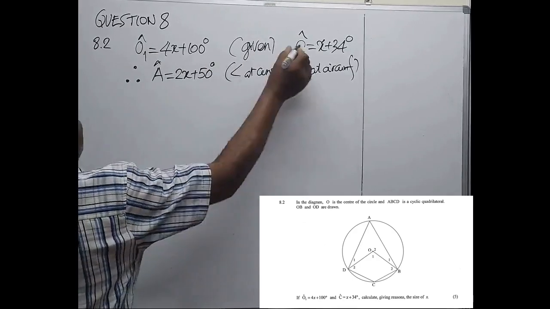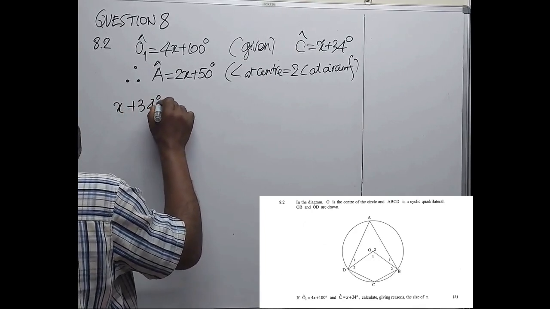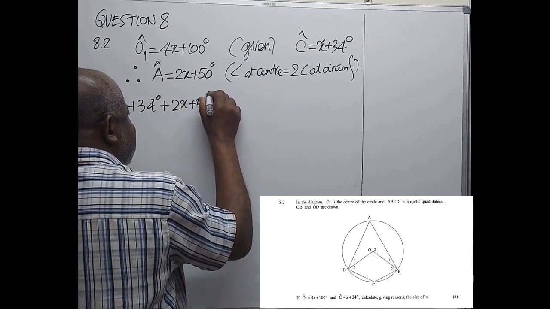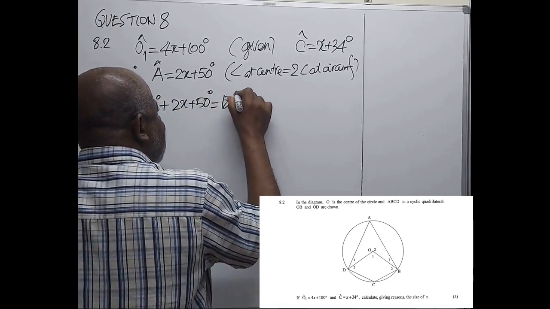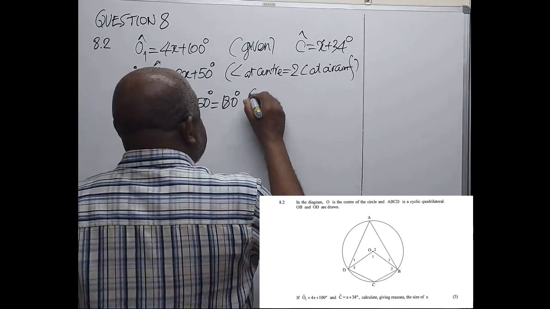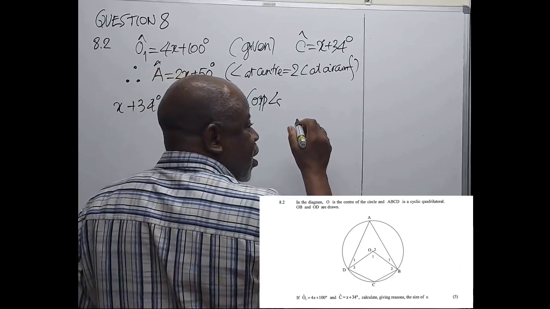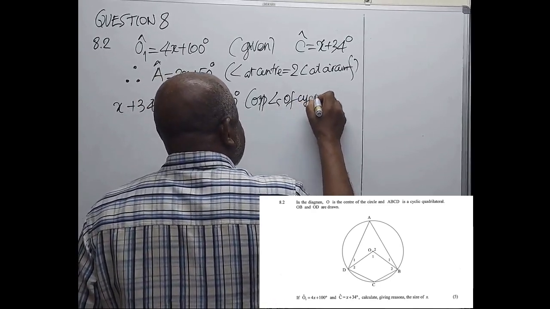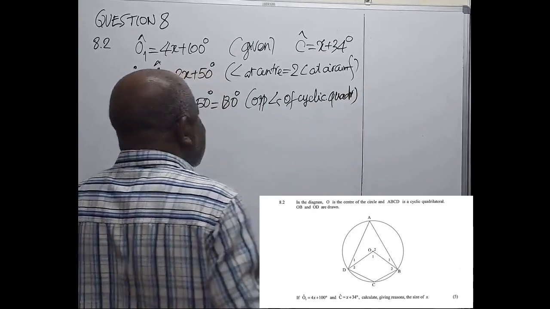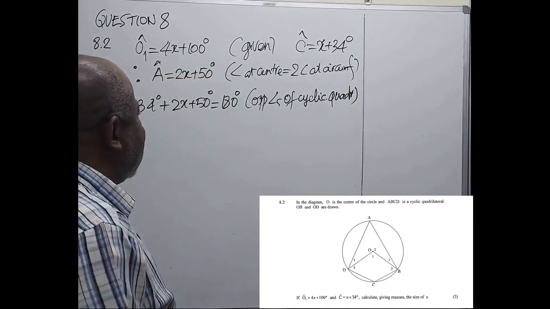Now, we're going to take the sum of these two angles. We'll have that x plus 34 degrees plus 2x plus 50 degrees is equal to 180. This is a statement. Why are we writing this? The reason is opposite angles of a cyclic quadrilateral are supplementary.